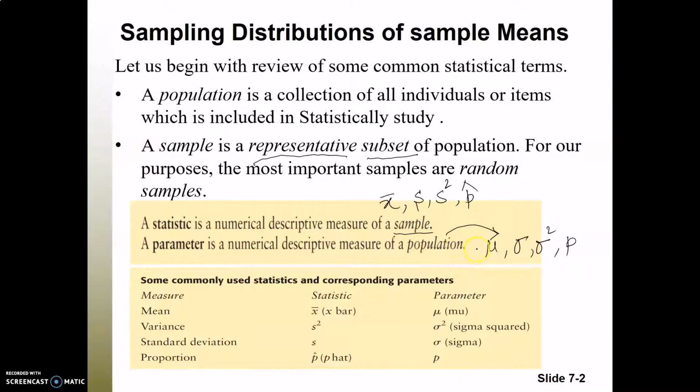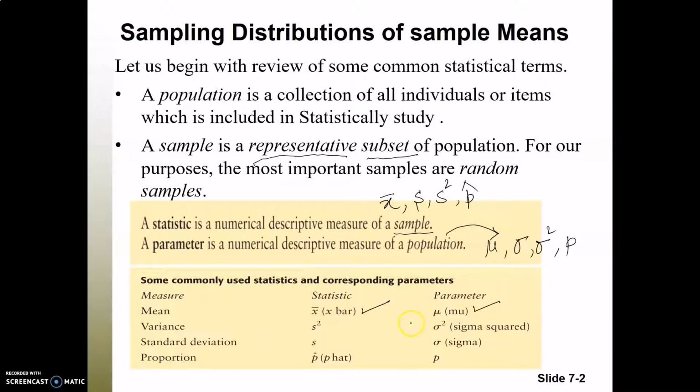Okay, some commonly used statistics and their corresponding parameters. These notations are very important for conceptual purposes. You must know the difference between these notations, because it will help you in understanding what's going on. For example, if we want to estimate the population mean, we use a sample mean.